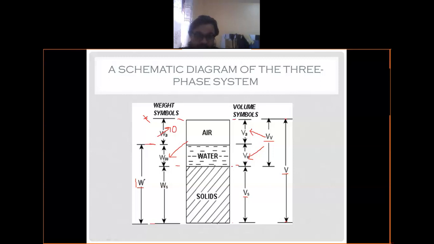So here capital W is a summation of Ws plus Ww. Clear till now? Today we'll discuss some of the relations based on volume. I think these symbols are clear to you.